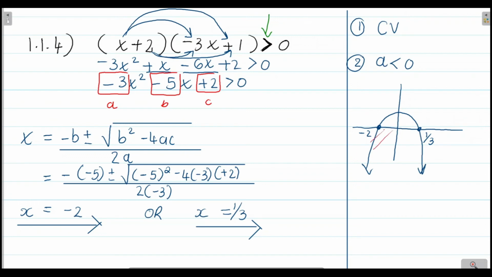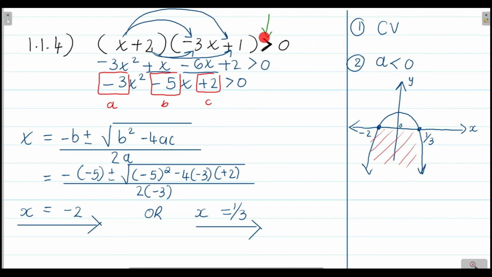Okay, so now we go back to our diagram and you see, where is this function greater than 0? Do you agree that this function is less than 0 here at the bottom? Because this is our 0. This is our x-axis. This is our y-axis. This is our 0. So when we are above our x-axis, it's positive. When we are below our x-axis, it's negative, right?